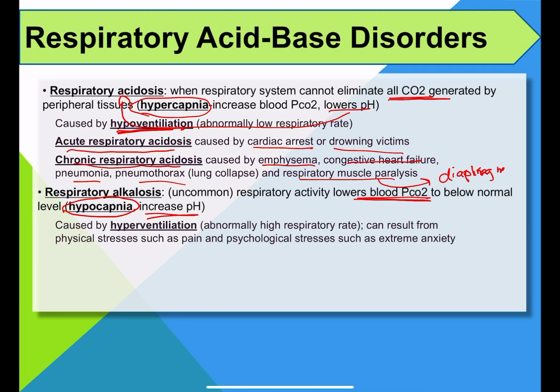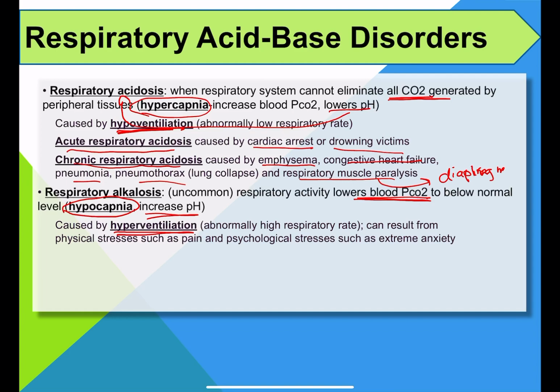This is usually caused by hyperventilation, and that's why it's uncommon. Most people don't undergo hyperventilation unless they have anxiety problems or some kind of breathing situation, where hyperventilation means an abnormally high respiratory rate. Because you're breathing so fast, your CO2 accumulation does not happen, and you have too low of CO2, which is why you end up with alkalosis.